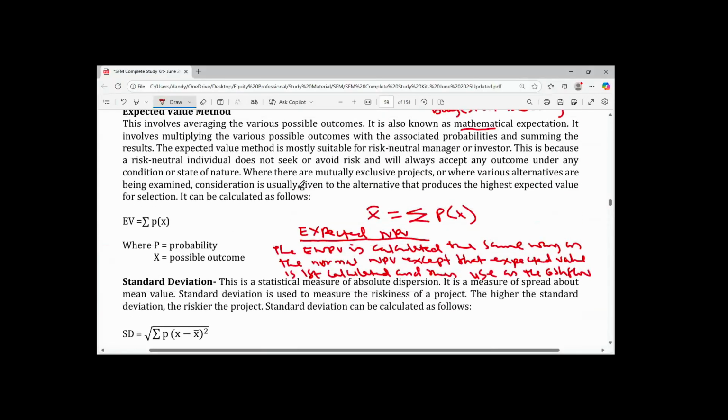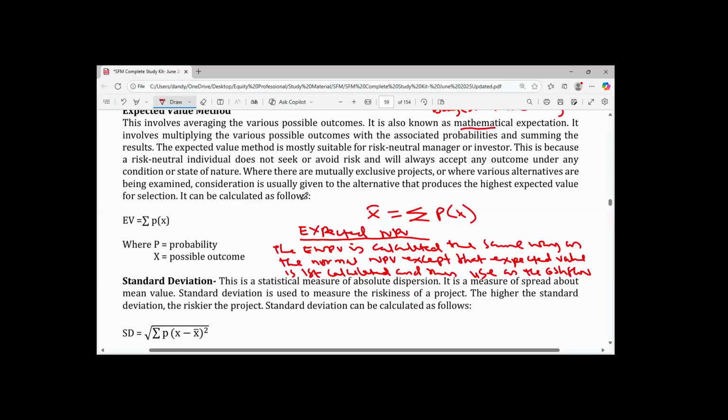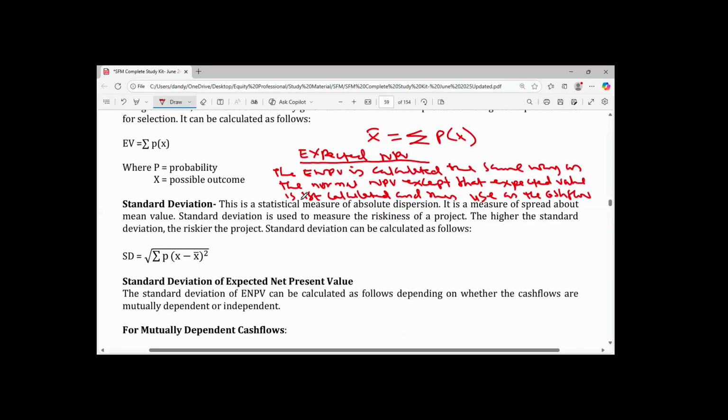It is used to measure the risk inherent in a project. The higher the standard deviation, the more risky the project. Where two or more projects or alternatives are being considered, any project with a lower standard deviation should be selected because you want to minimize your risk.